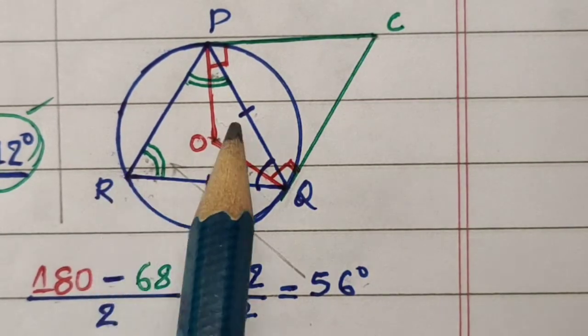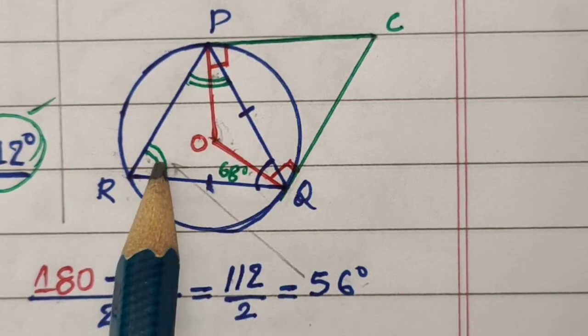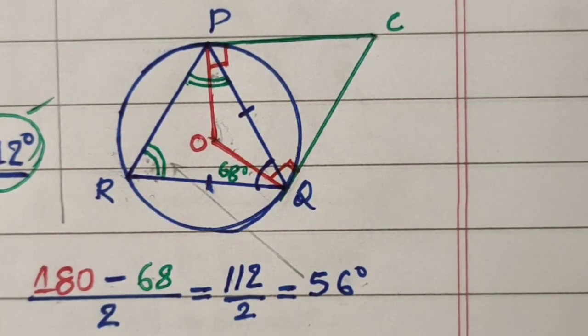See here, this angle made by this arc at the center is double the angle made at a point on the circle.